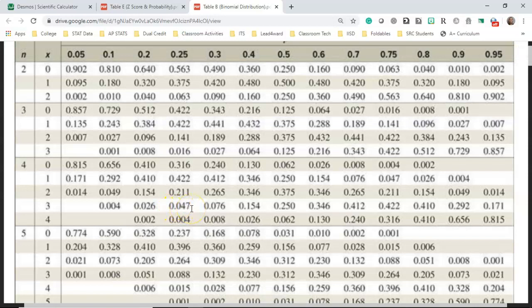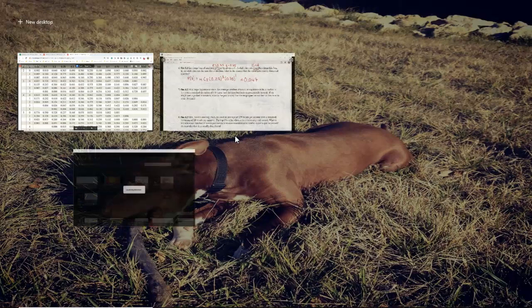So about a 4.7% chance that the child gets exactly 3 red marbles when she selects 4. So we get the same value. So you also can default back to the table as long as the probability of success is a value in the table. So keep that in mind as well.